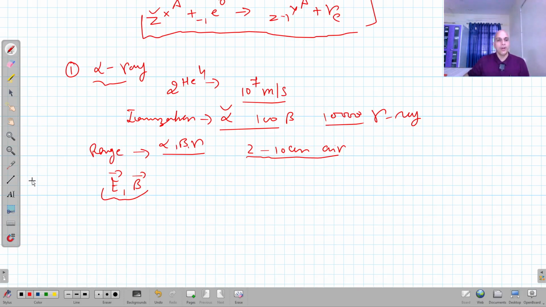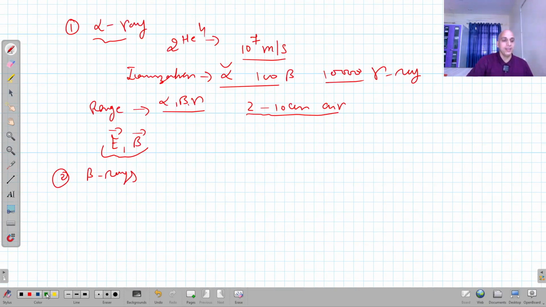Now I am coming to the properties of the second, that is beta rays. As I told you, beta rays are basically fast moving electrons, right? So these are basically either electrons or antiparticle positrons, right? Fast moving means they can have velocity comparable to the velocity of light. I mean, they can have velocity 0.1c to 0.99c in this range, right?